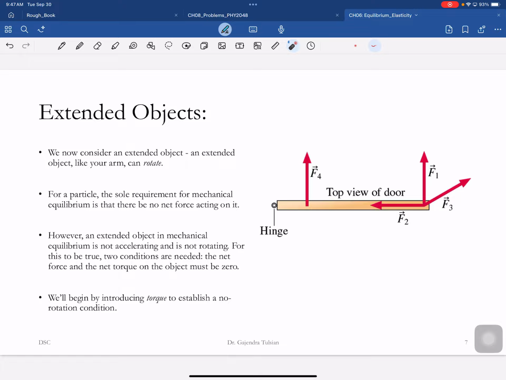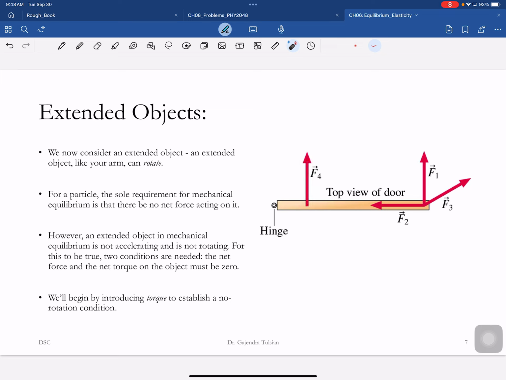Okay, you guys have used a wrench. The longer the wrench, easier it is to unscrew the nut. So this force, even though the magnitude is the same, this force is more effective in opening the door. Okay? This force is less effective. So what we'll learn is the torque of this force is larger. Okay?